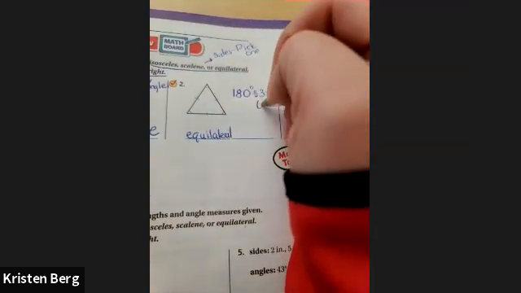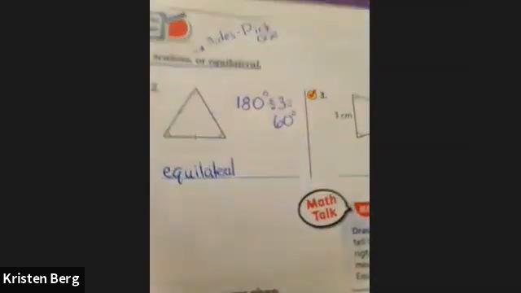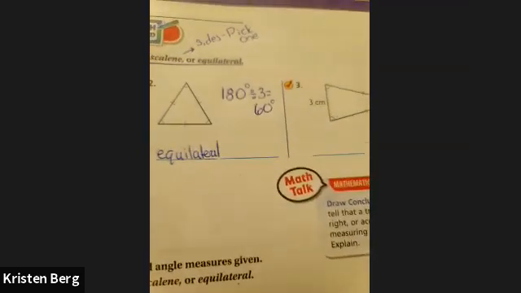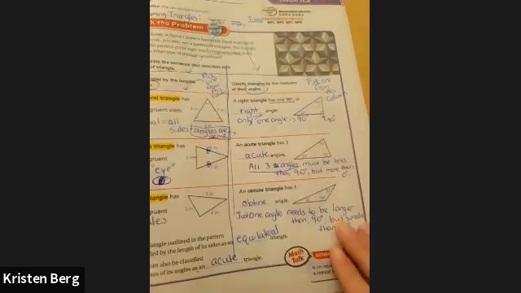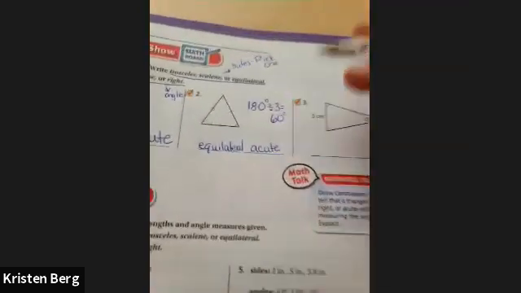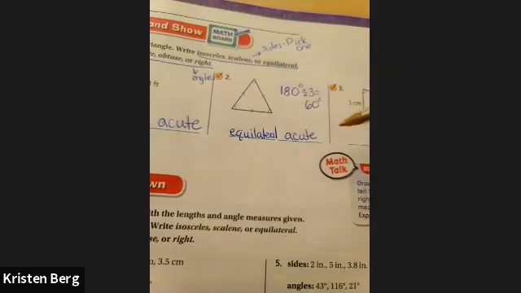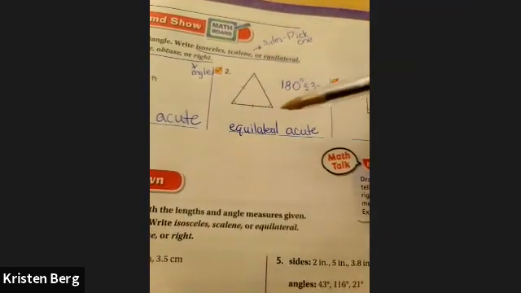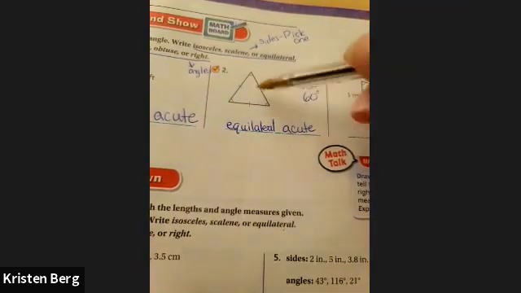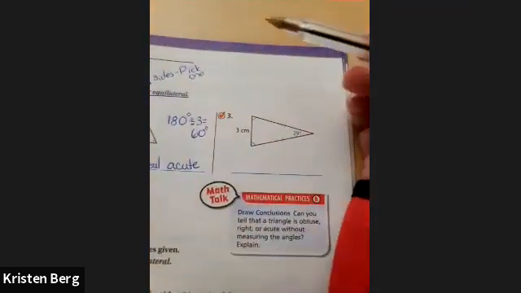So therefore, in an equilateral triangle, they're all 60 degrees. So since all these are 60 degrees, they are all less than 90 degrees. So since they are all less than 90, it is considered an acute triangle. So an equilateral acute triangle. You normally don't hear equilateral acute. You usually just hear equilateral triangle because everyone should know that it is automatically going to be acute.